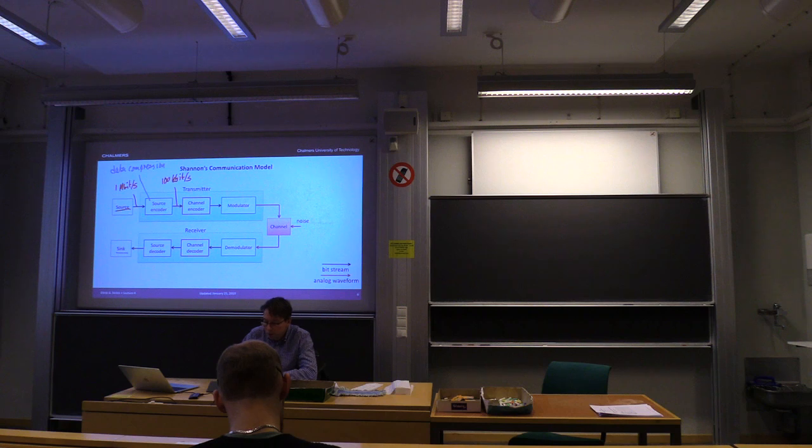Now, going to the next step, the channel encoder, what it does, it's for data protection or error control. And this is done by adding bits, okay, control bits, or parity bits, or check bits.